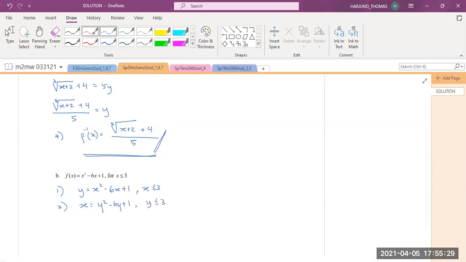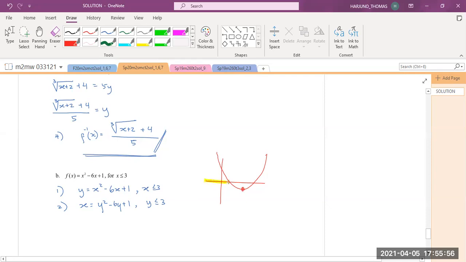Now, before I forget or before you lose track, let's take a look at what the y will be. So this is something with the axis of symmetry x equals 3. So it's like this, right? And that's for x less than or equal to 3. So the y will be from the vertex.